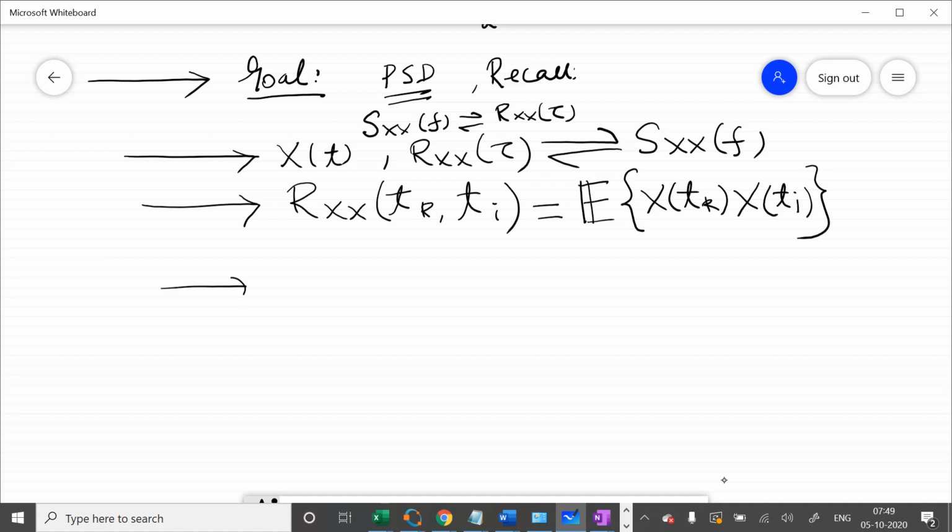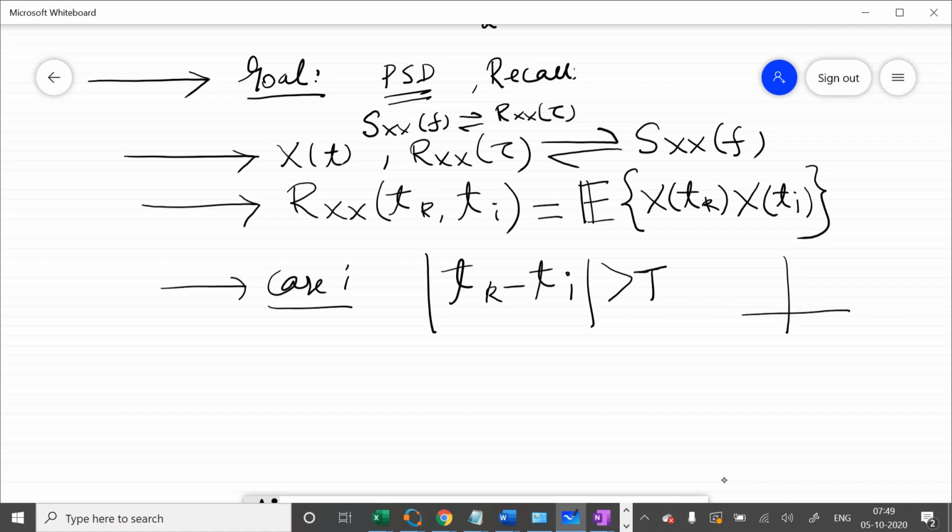So take as case 1 that tk minus ti, the difference between the two, is greater than T. T is the pulse duration, and any pulse cannot exceed the time T. So tk minus ti being greater than T means, if this is tk, then ti cannot be in this range.